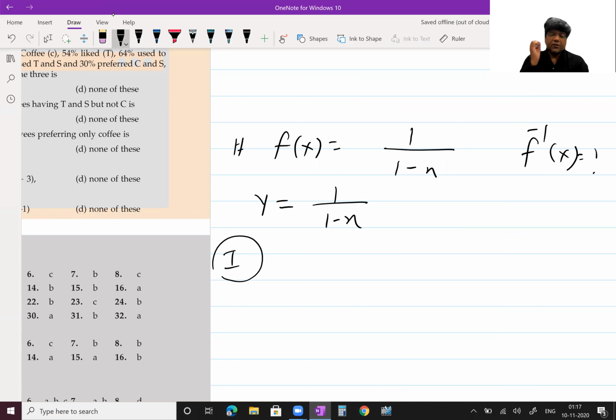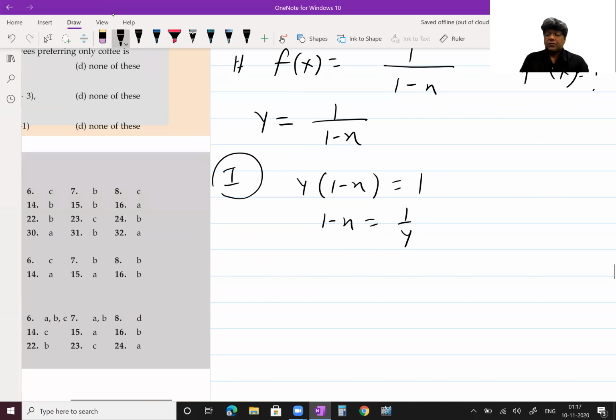Represent x in terms of y means left hand side only x. How? You can cross multiply. So y into (1 minus x) is equal to 1. Remove this y. So 1 minus x is equal to 1 by y. So if I transfer x to that side, I can write x is equal to 1 minus 1 by y.